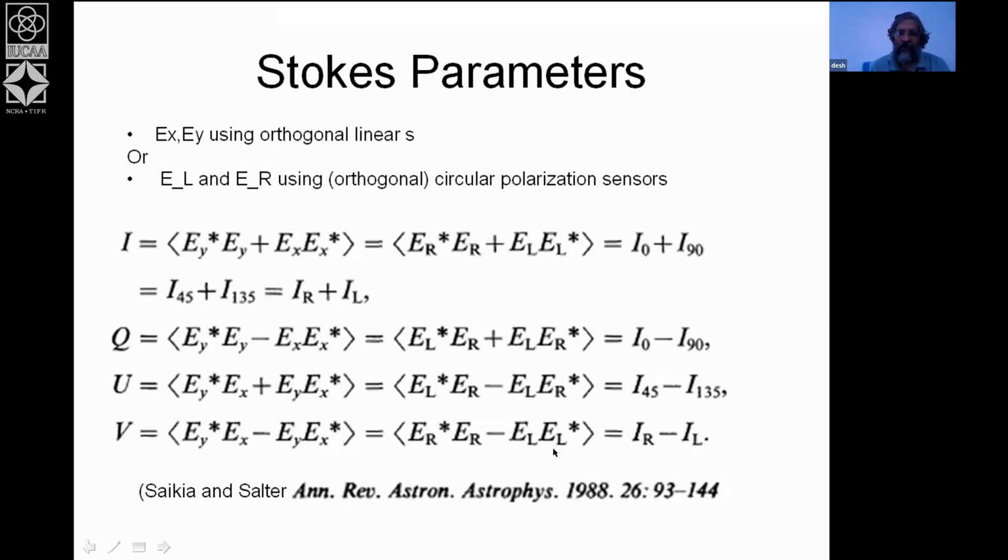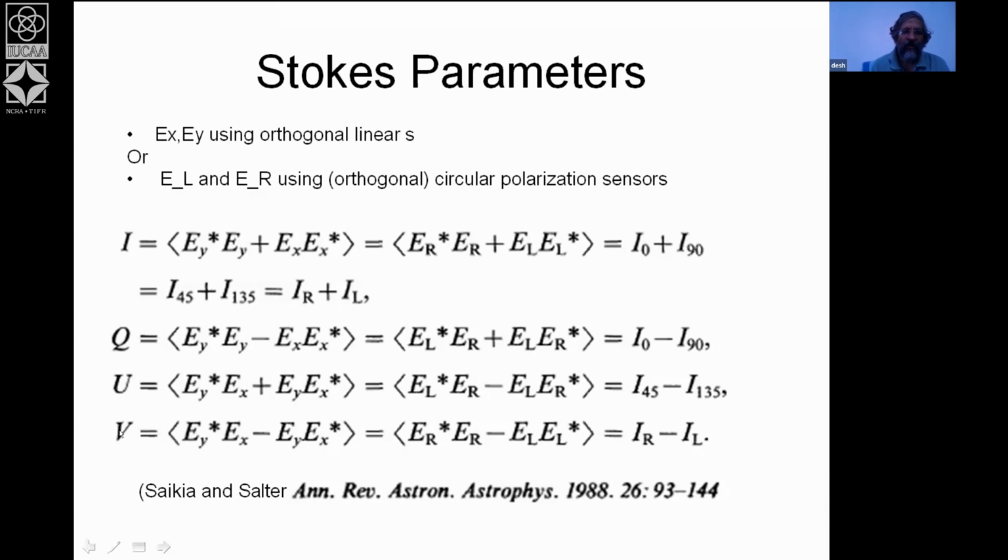But these quantities can also be computed as cross-correlation terms. For example, Q, for the linears, is simply the difference between the intensities, but it can be the cross-correlation between the left and right circular polarizations and the conjugate added to that. You can work this out and define exactly what those entities will be based on whatever pair you have.